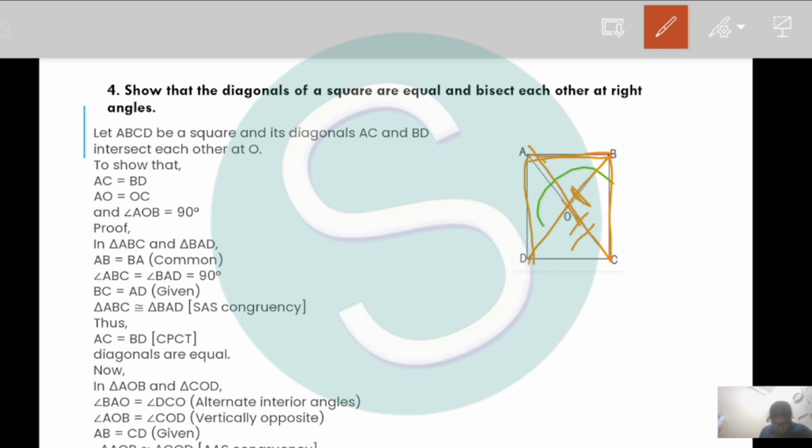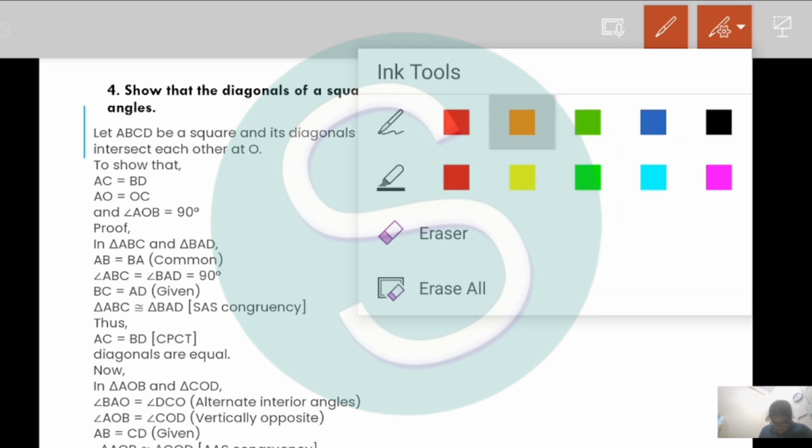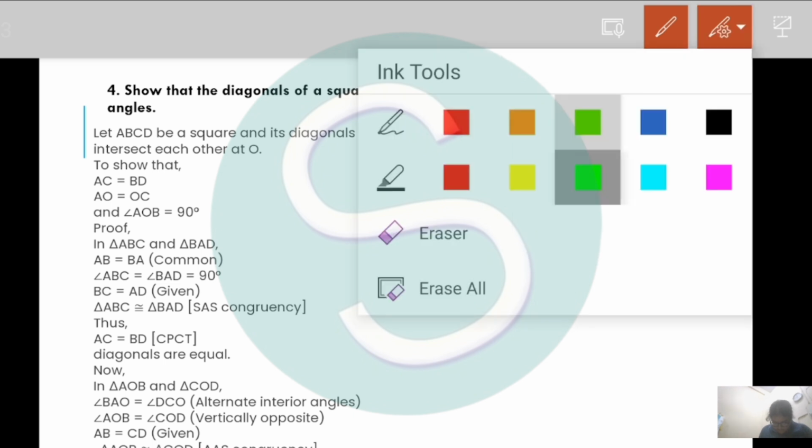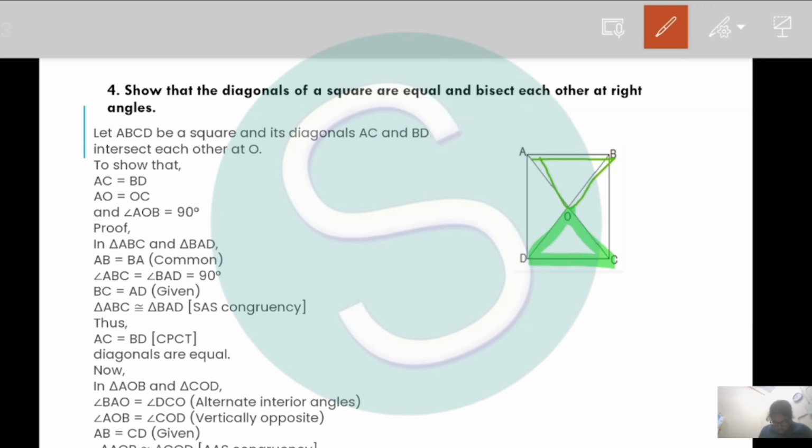Now we will consider another pair of triangles, that is AOB and COD. These two triangles we have considered and we will prove them congruent.